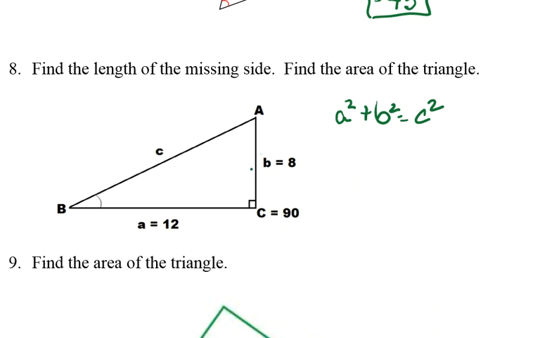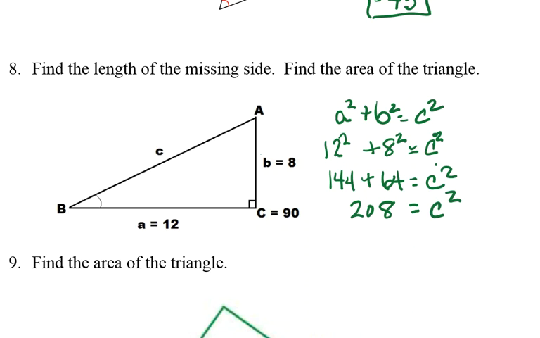Okay, so what we're going to do is a is 12, so we're going to plug that in. So I have 12 squared plus b is 8 squared. So I have 12 squared, that's 144. I have 8 squared, that's 64. 144 plus 64 is 208.